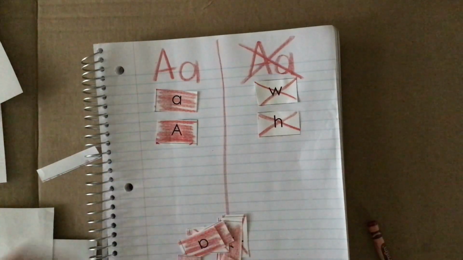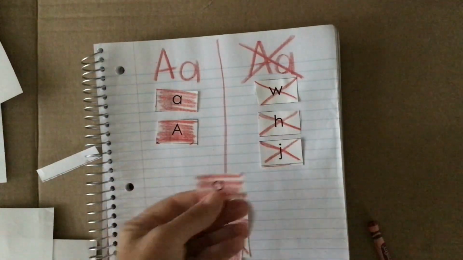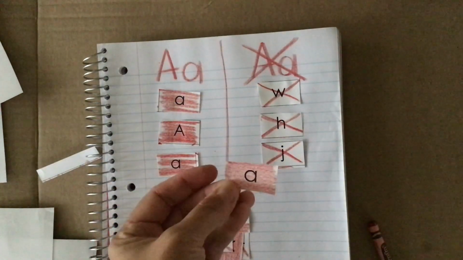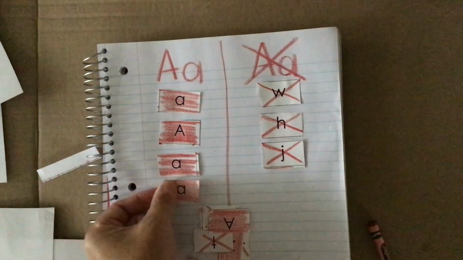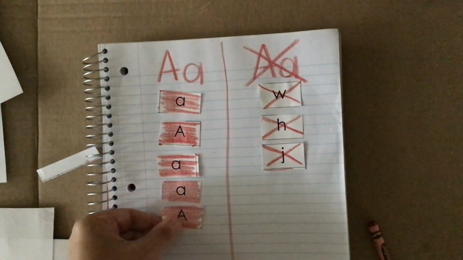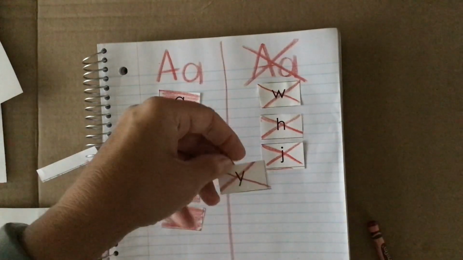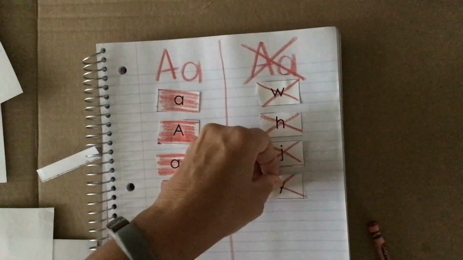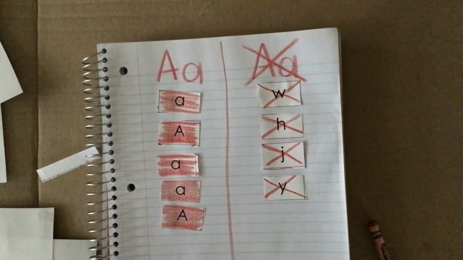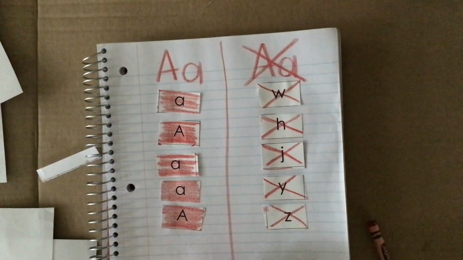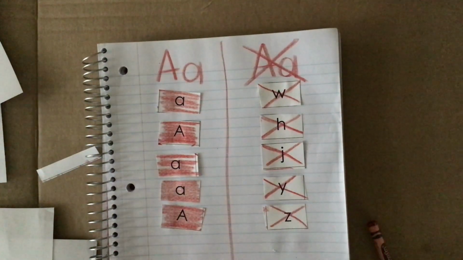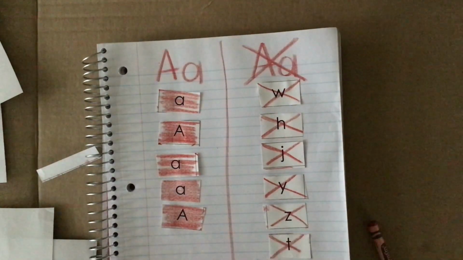That's right, it's not an A. Yes, it is an A. Yes, it is an A. Lowercase a. Yes, an uppercase A. Nope, it's our letter Y. No, it's a letter Z. Letter T. We're going to put it on this side because it's not our letter A.